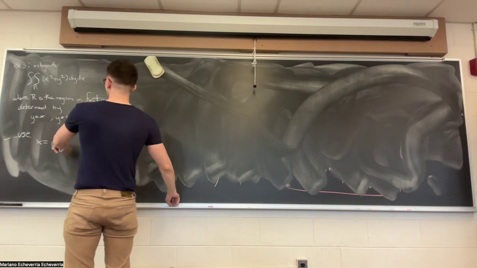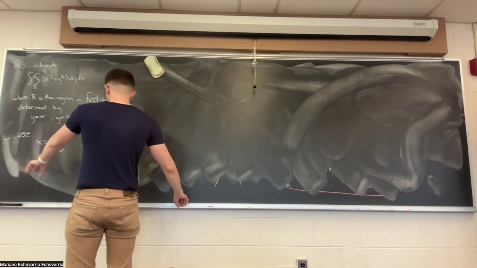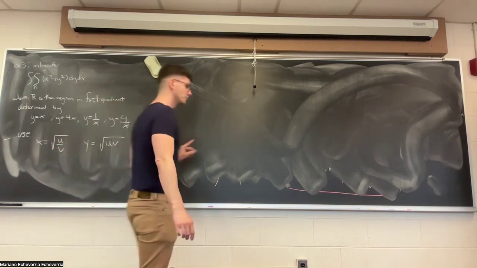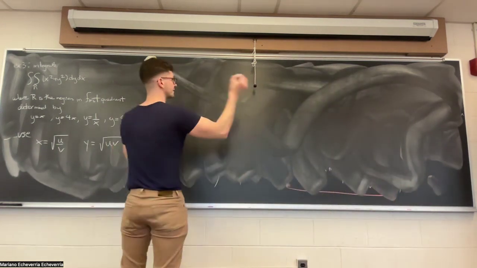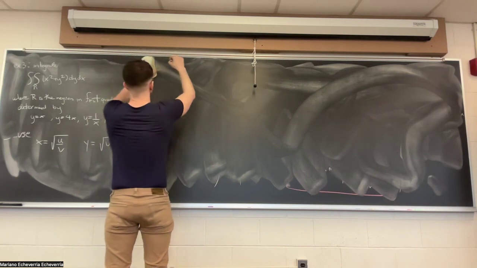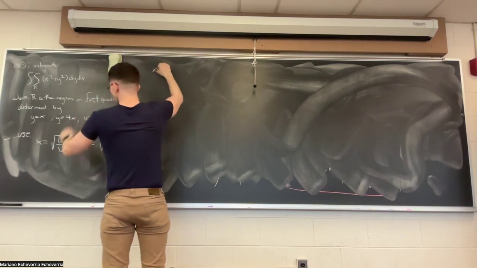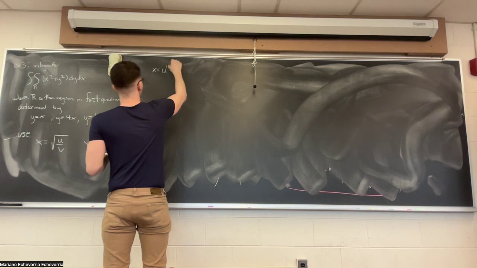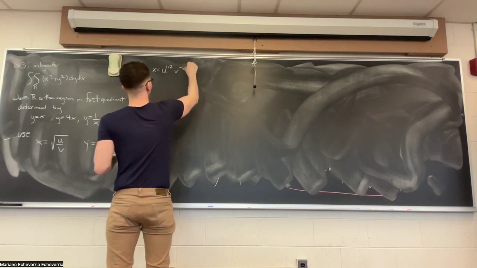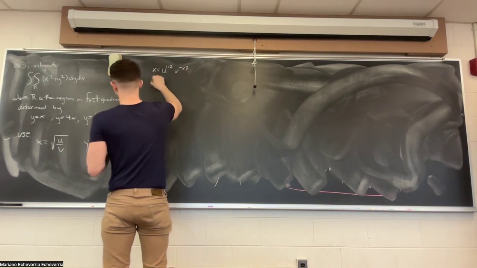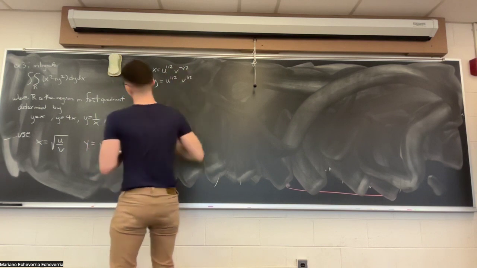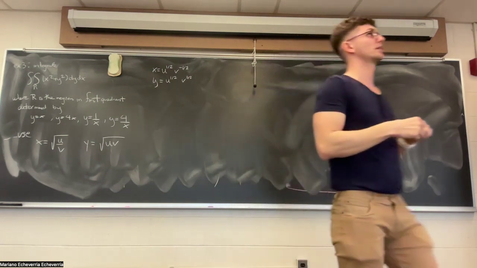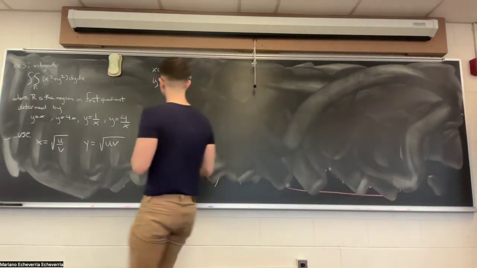For taking derivatives, it is easier to write these formulas using exponent notation. So let's write x as u to the 1/2, v to the -1/2, and y as u to the 1/2, v to the 1/2. That actually makes it easier to think about how to find these things.